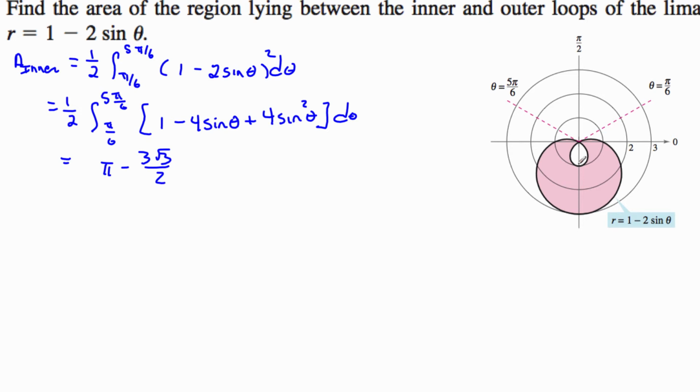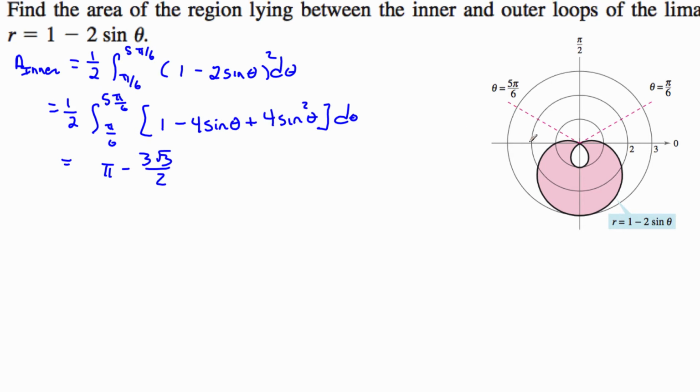Now, what I need to do is find the area of my outer part of my limacon. And when you do that, you see it's going to go from 5 pi over 6 all the way over here. I could break this up into two integrals, or I could just simply use this as 13 pi over 6. So the area of the outer is 1/2 the integral.